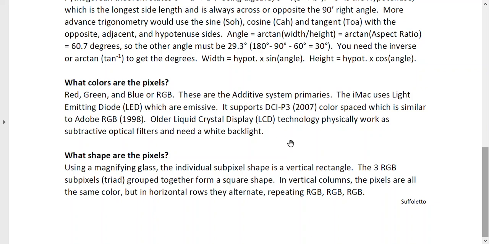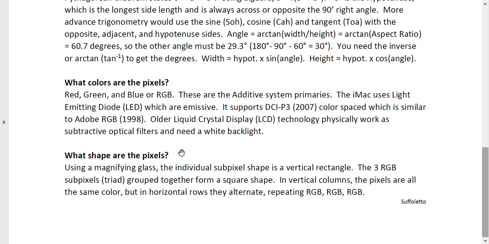Now, older display technology used liquid crystal displays, or LCDs, and they work physically as an optical filter, so they subtract light. They're subtractive, so that means you needed to have a white backlight for the system to work.